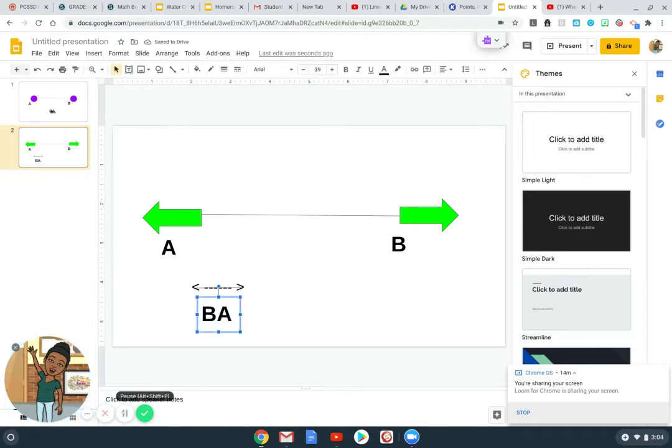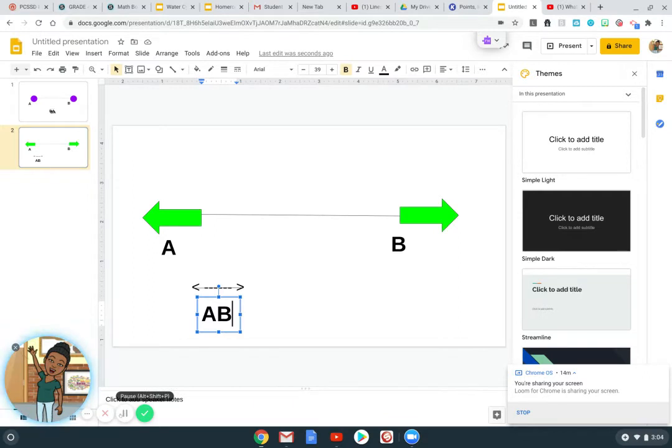There's no stopping. To name our line, again, we could use BA as long as we have the line with the arrows on the end, or we could use AB. It's the same line. Do we start with A? Do we start with B? It's the same line that we're looking at.